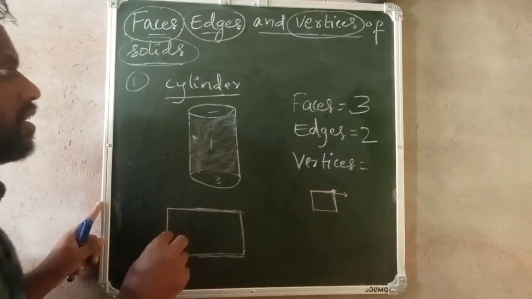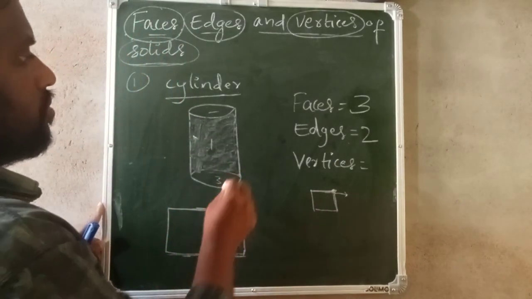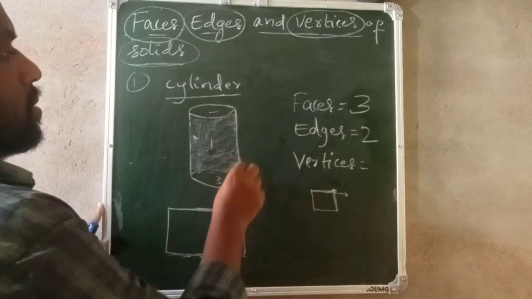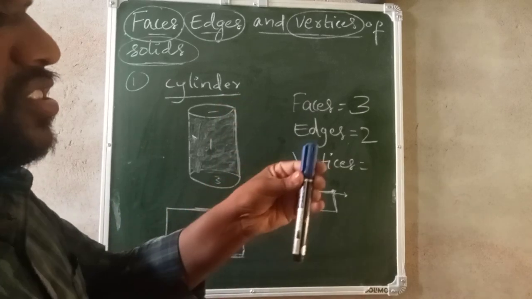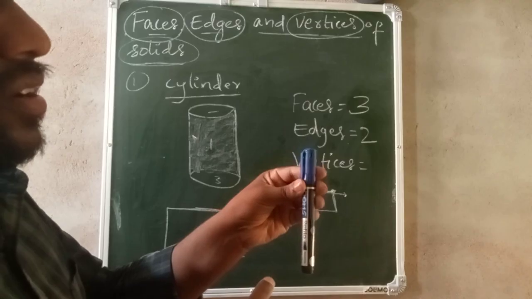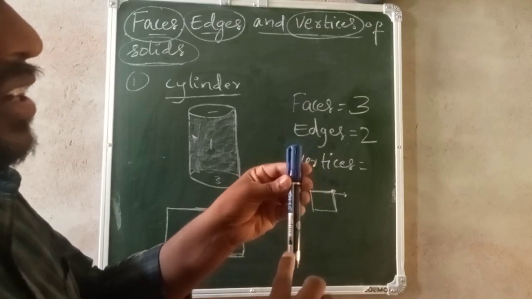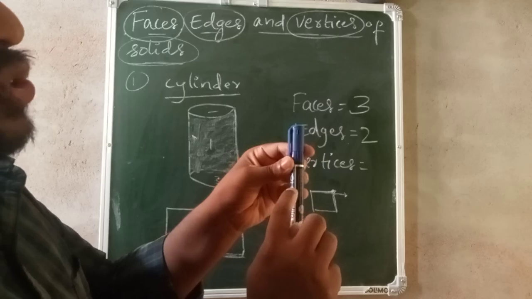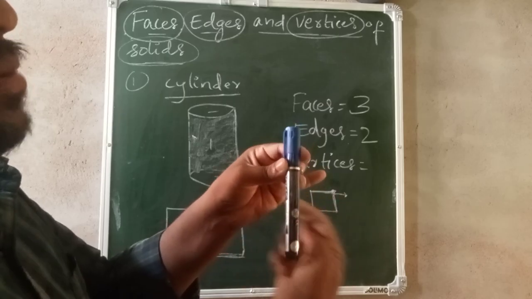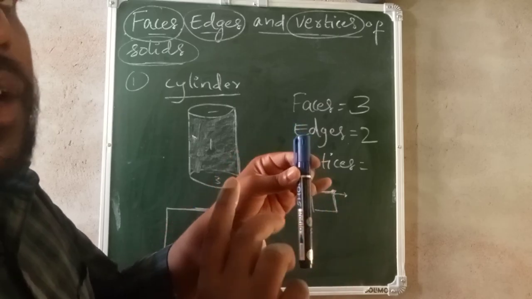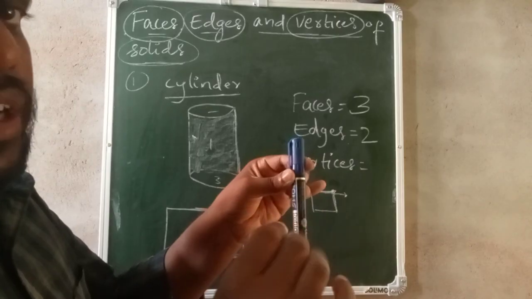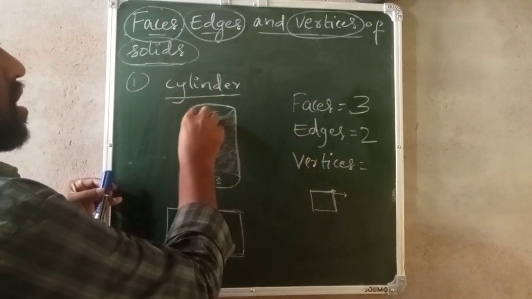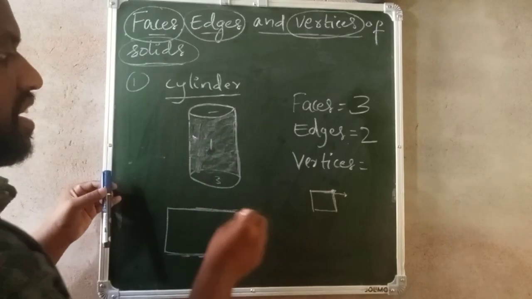But in case of cylinder, see, of course, this looks like a straight line. But actually, this is a real example of a cylinder. It is not a straight line. This is a circle kind of thing. See, if you start from here, it will go like this and come like this. It's a circle, and a circle is a curve. It is not a straight line. Even the top is a circle, not a straight line.